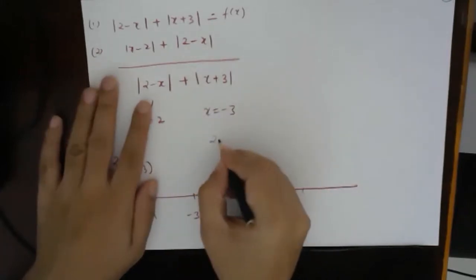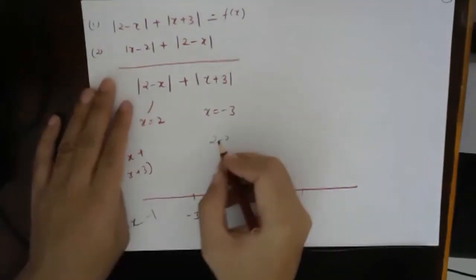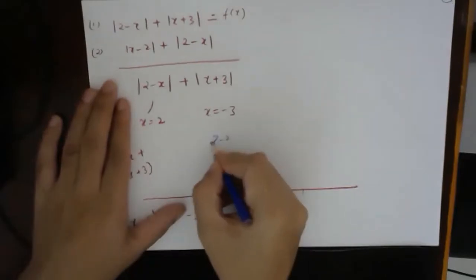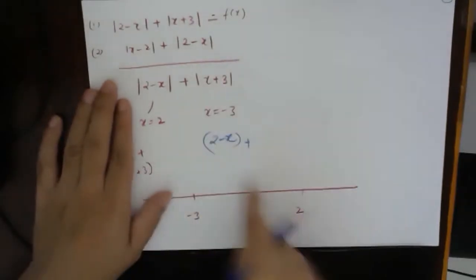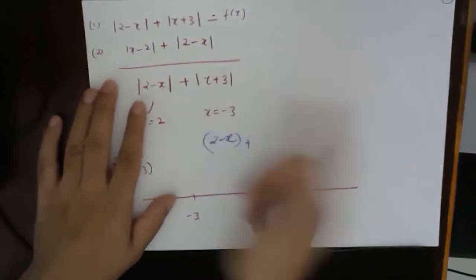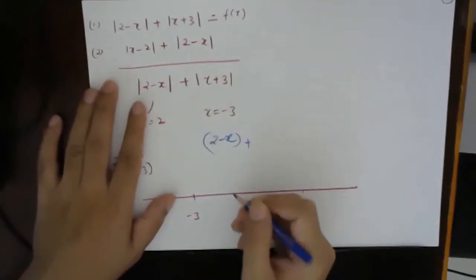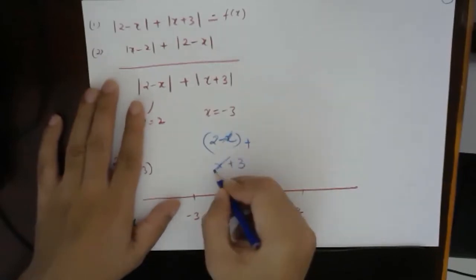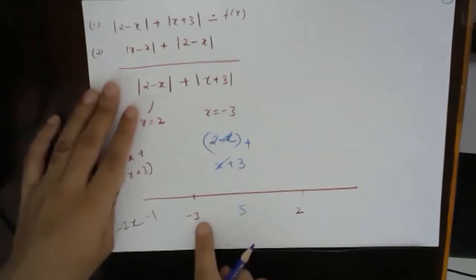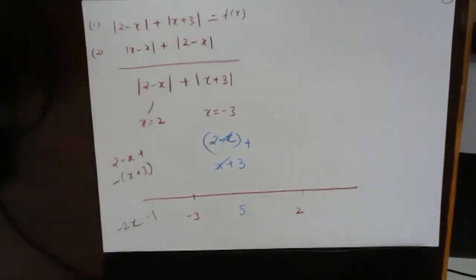So this will be 2 minus x, positive sign, plus, again this is also positive, so it will open with a positive sign, x plus 3. So x and x cancel. So this is 5. So between minus 3 and 2, it is constant. Very good.